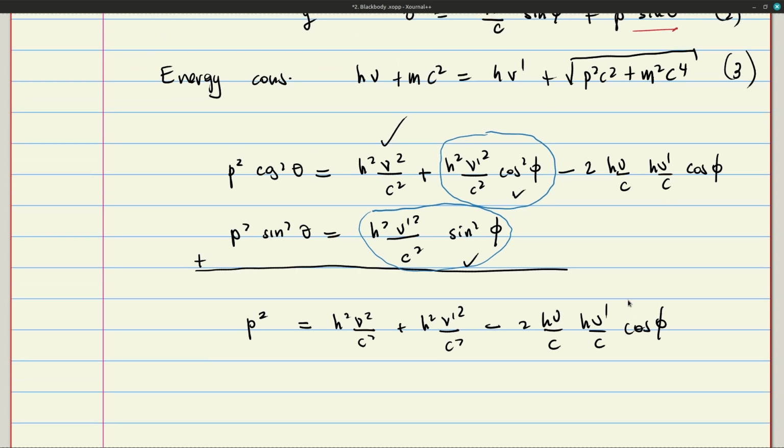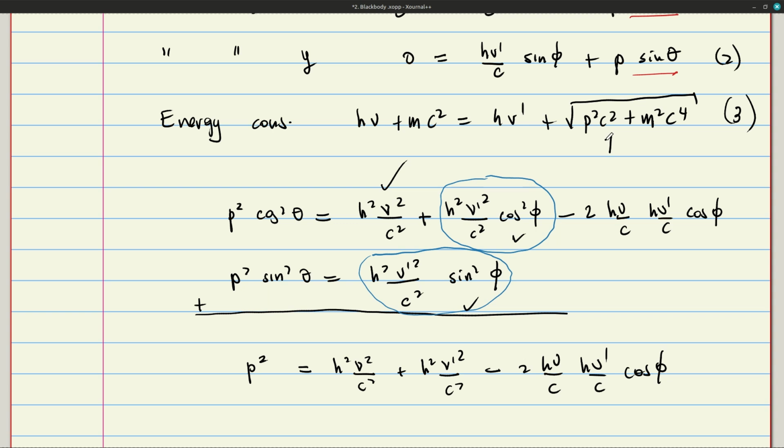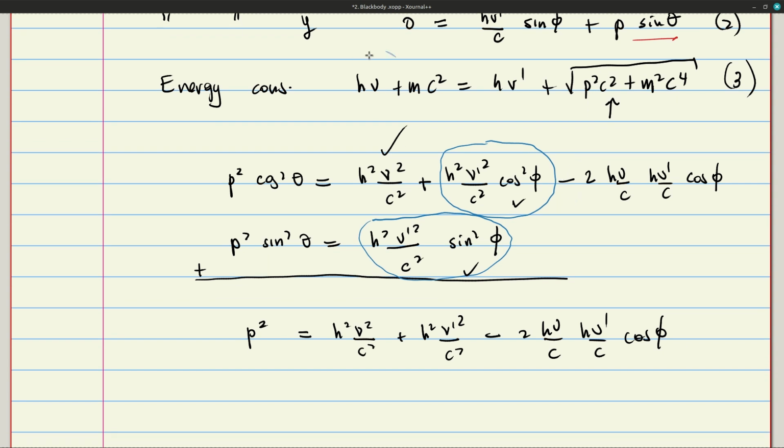Now for the p squared, I'm going to use equation number 3. So I'm going to leave this square root alone and take its square, and it's going to give me an identity for p squared. Actually, I can just write it. So p squared c squared plus m squared c to the fourth is going to be equal to h nu minus h nu prime squared, which is h squared nu squared plus h squared nu prime squared minus 2h nu h nu prime.